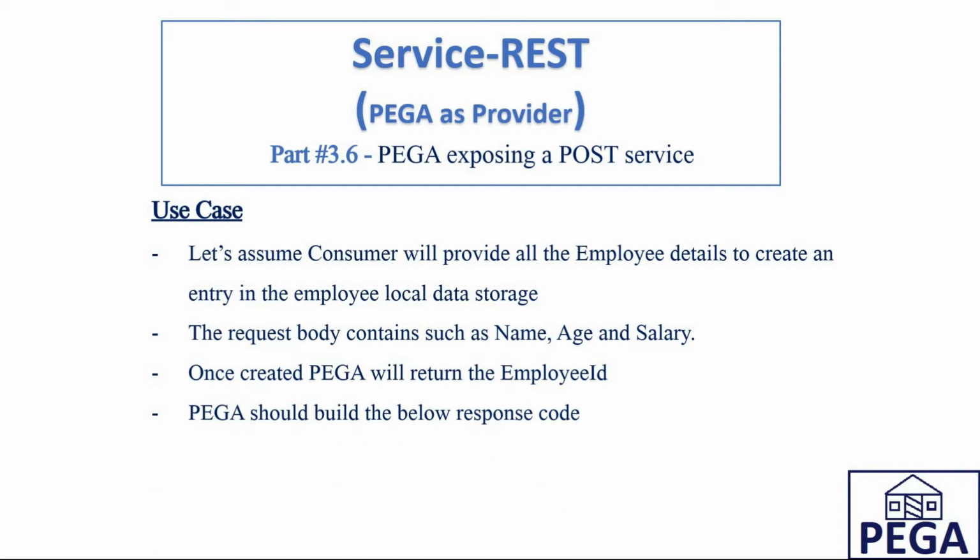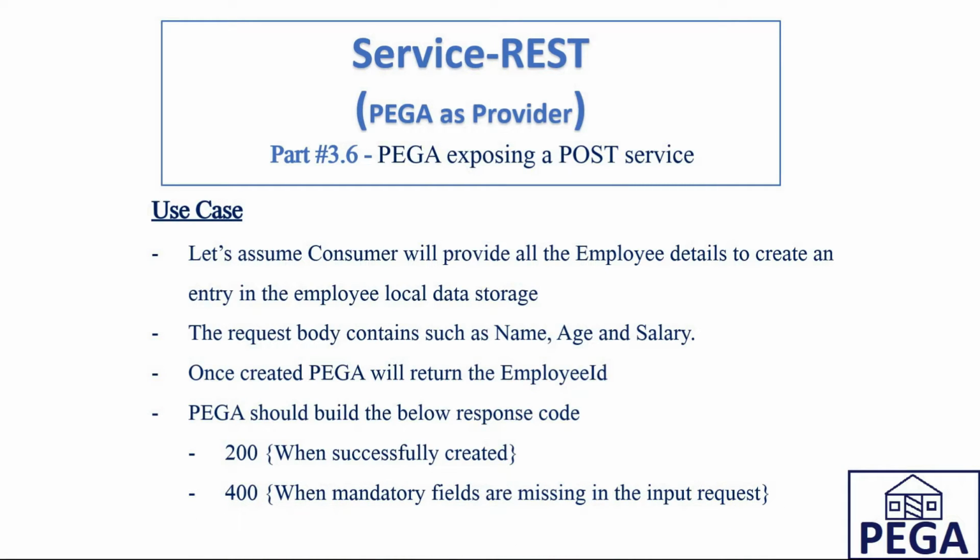Now here one thing you need to understand is PEGA should build the below response codes. One is 200 when successfully created. Generally it's going to be 201 or 200 depending on the need. I've just put 200. Feel free to go for 201 also. And then 400 when the mandatory fields are missing in the input request.